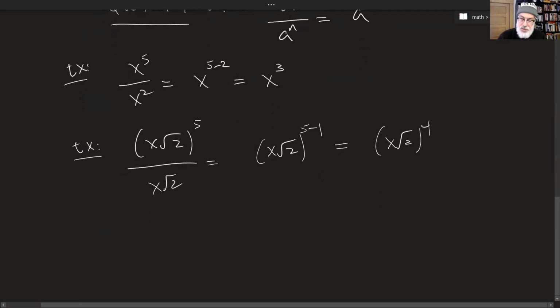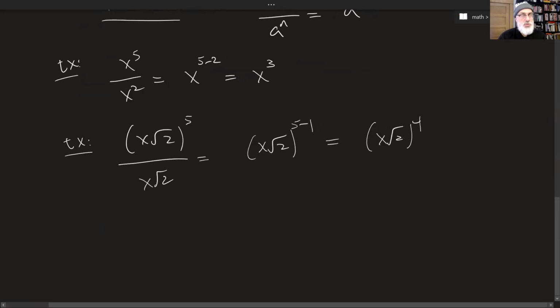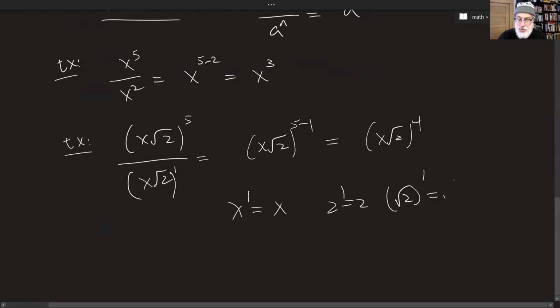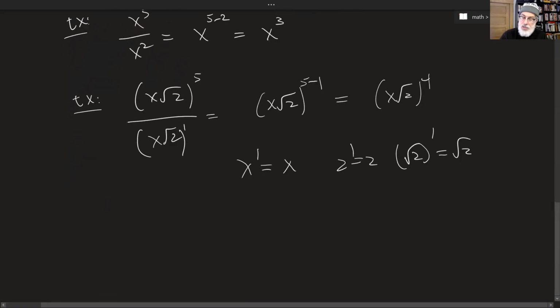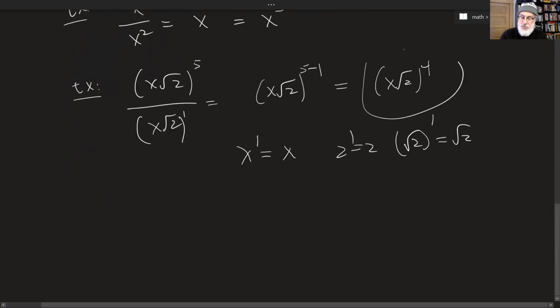Well, if there is no exponent, we assume 1. So in this case, this is really to the 1, because anything to the 1 is itself. 2 to the 1 is 2. The square root of 2 to the 1 is the square root of 2. So we assume without notation that there is an existing 1. And we'll see a little bit later how to further reduce something like this. But for now, we're just looking at the quotient rule.